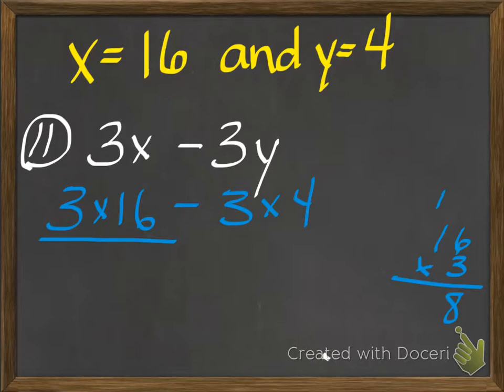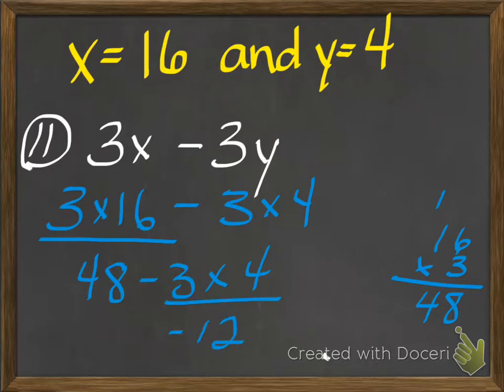Carry the 1, 3 times 1, 3 plus 1 is 4, so 48. Rewrite the rest of the problem. Okay, multiplying and dividing from left to right. 3 times 4 is 12. So I get 48 minus 12. 8 minus 2 is 6. 4 minus 1 is 3. Okay, so my answer is 36.